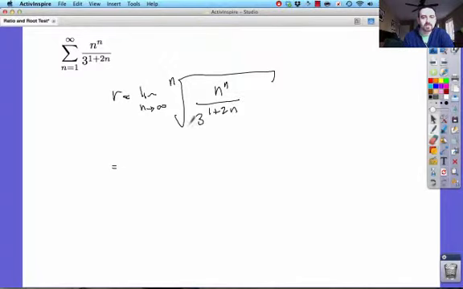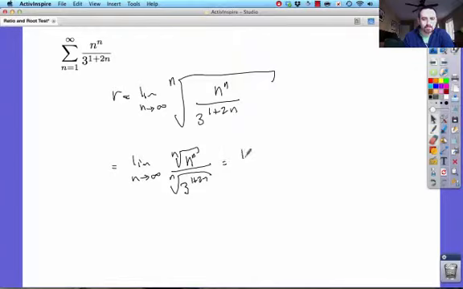Okay, so I'm going to take the nth root. So I'm going to take the limit as n goes to infinity. This is a root, so I can break it up into numerator and denominator. Okay, well, the numerator is pretty straightforward.